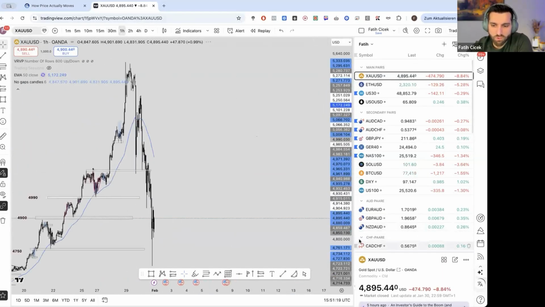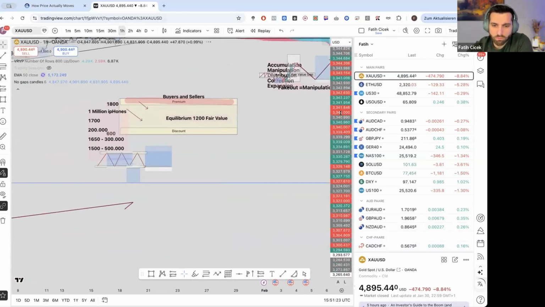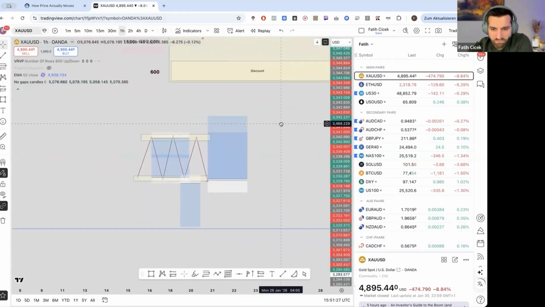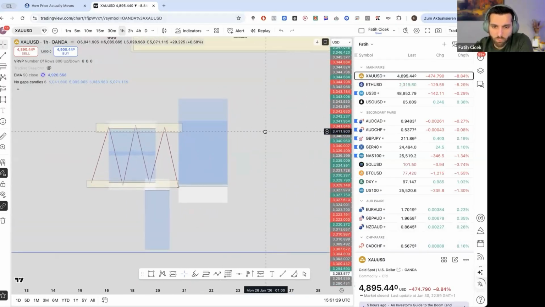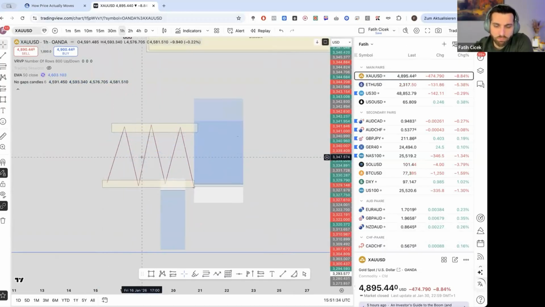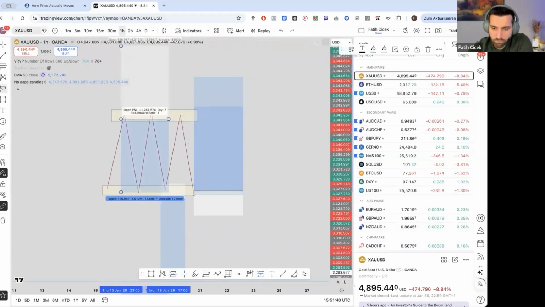Okay, so let's just assume that you are a support and resistance trader. So you have the support zone and the resistance zone, okay? All you're doing is just looking for support and resistance, and then you want to enter your sells, okay?